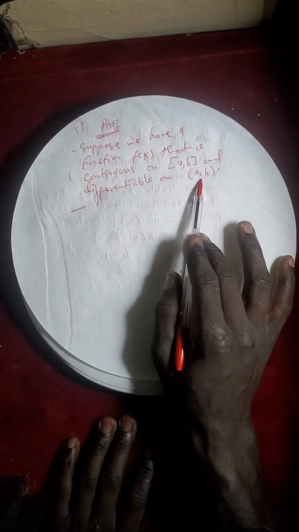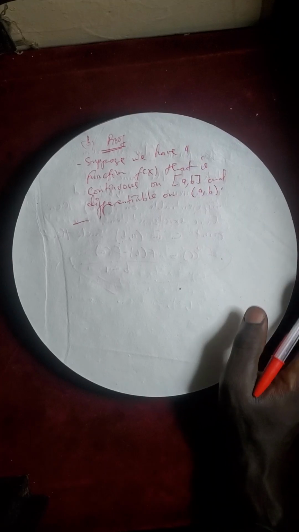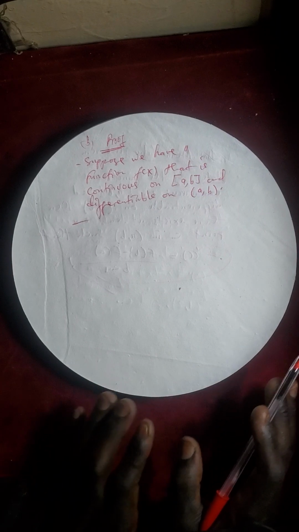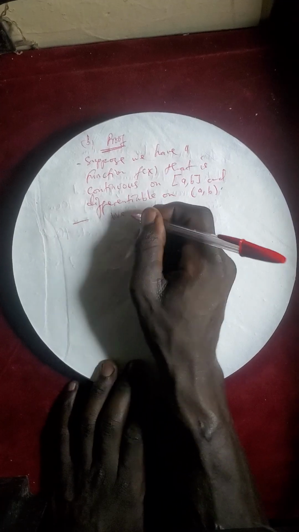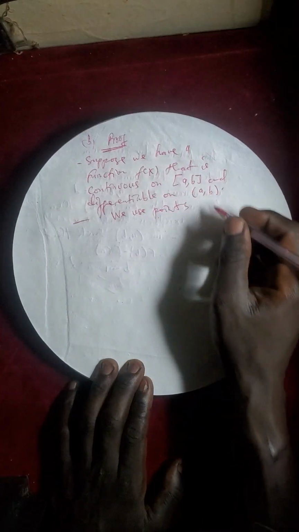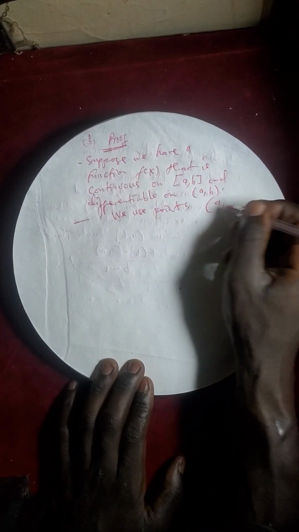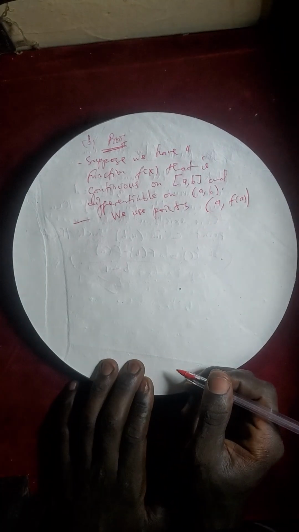We need points, the starting point and the ending point. Remember here we have got A, comma B. So even for us, let's consider our starting point. We're going to call it A. We use points. Which points? Let's use A and f of A as our first point.